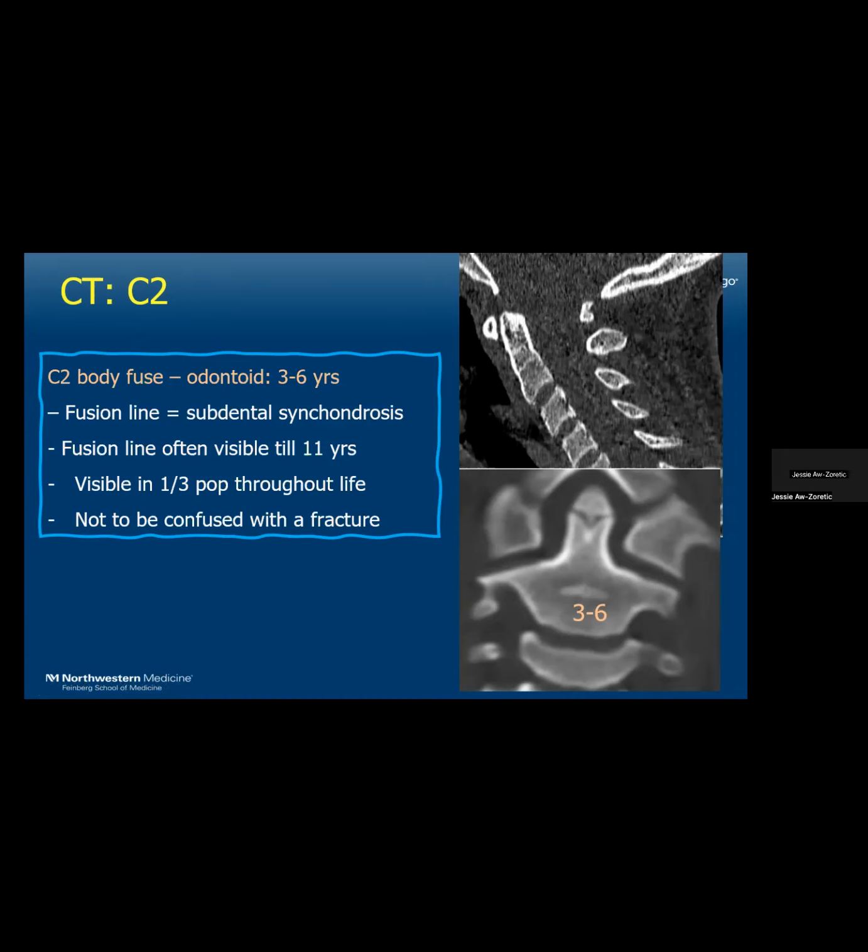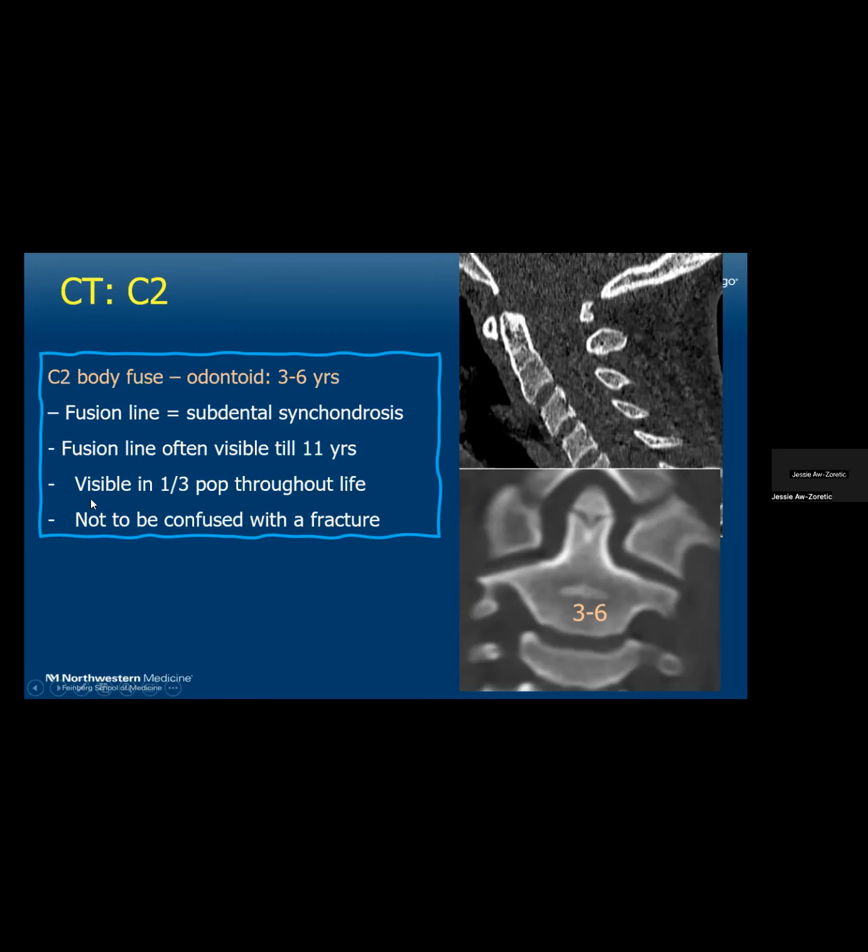So again, not to be confused with fracture. And I know it's very easy and simple to talk about this, especially in a lecture setting, but these are rules that, especially when you're on call, you have to think on the spot.